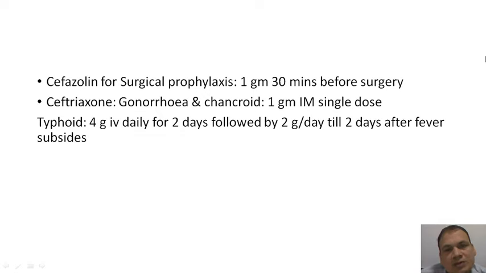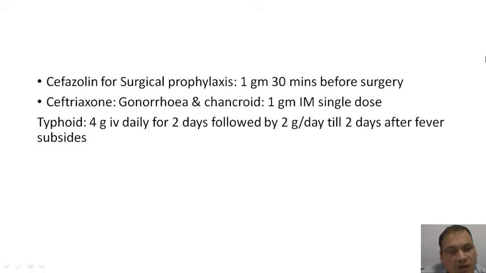Coming to therapeutic uses, as far as exams are concerned, sometimes you are asked to write a prophylaxis or prescription, for example for surgical prophylaxis. So you have to remember the doses of some of these drugs. Cefazolin can be used 1 gram 30 minutes before surgery. Ceftriaxone for gonorrhea and chancroid can be given 1 gram IM single dose.